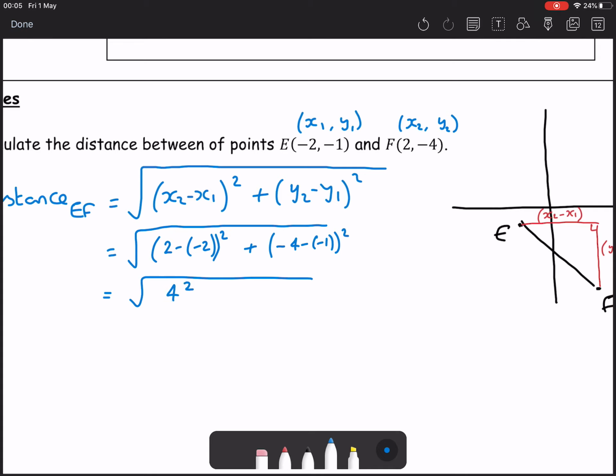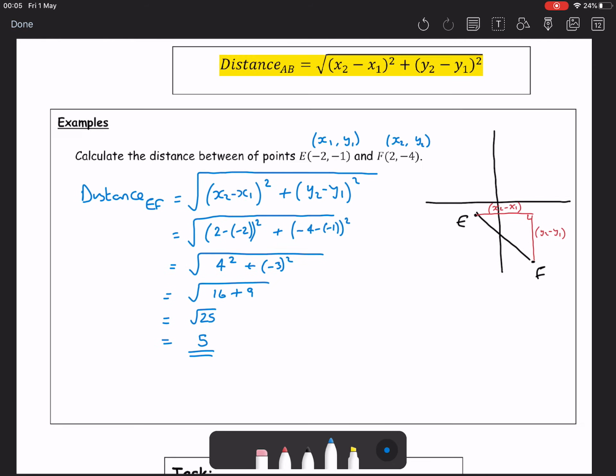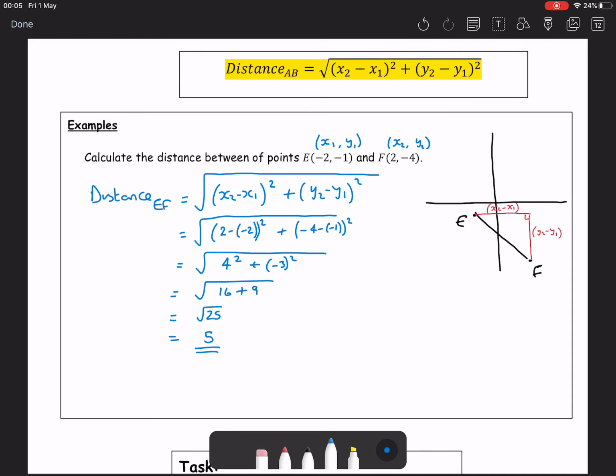So we have 4 squared, and we have minus 4 plus 1 would be minus 3 squared. 16 plus 9, root of 25, so therefore the distance between the two points EF would be 5.